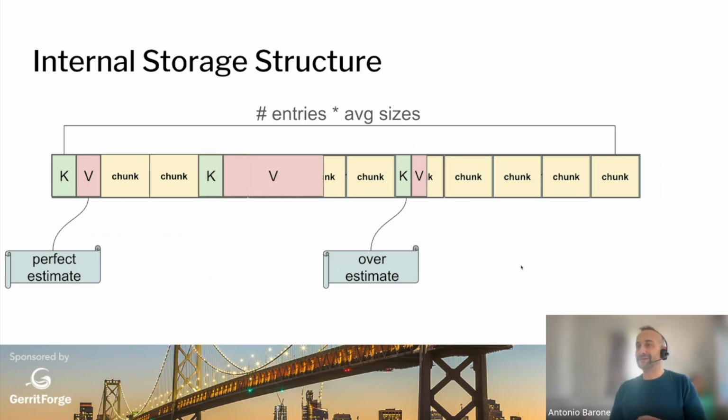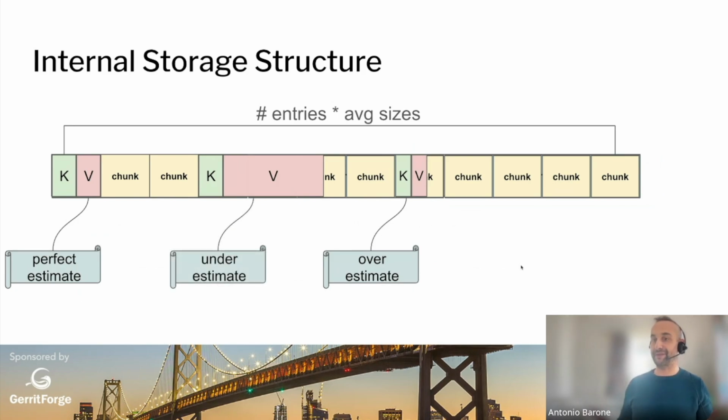But the worst that can happen is actually when you have an underestimation. If the average sizes are underestimated, then the map might actually run out of space. Imagine you're trying to store a key value pair which is really, really big, so big that it cannot fit in the free chunks that you have available.